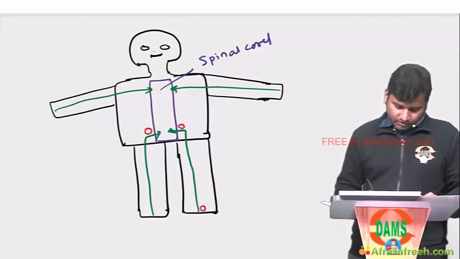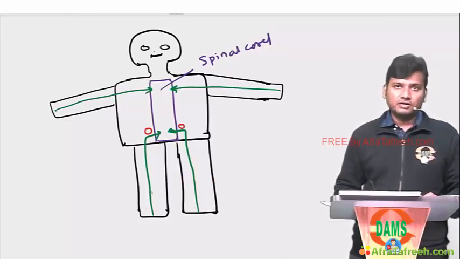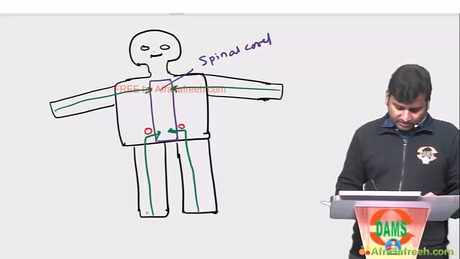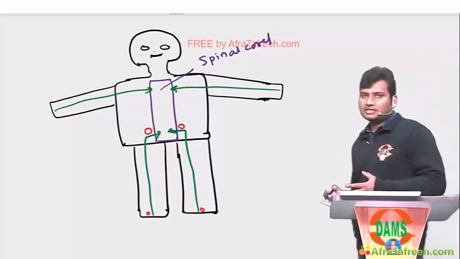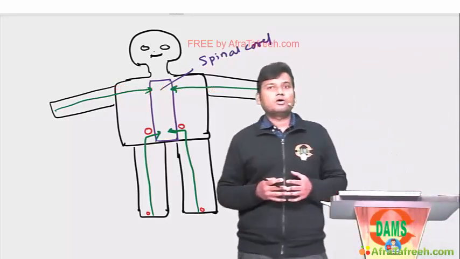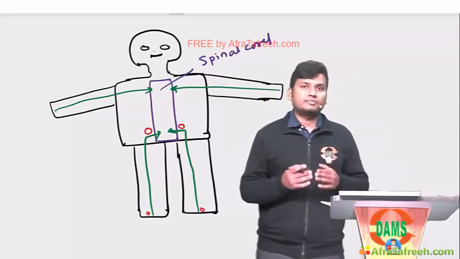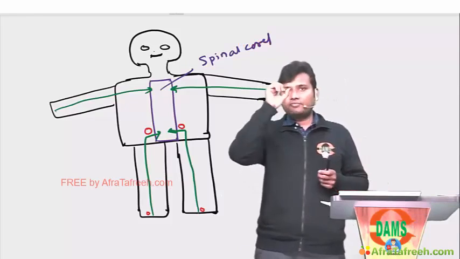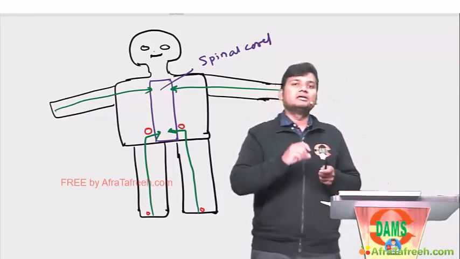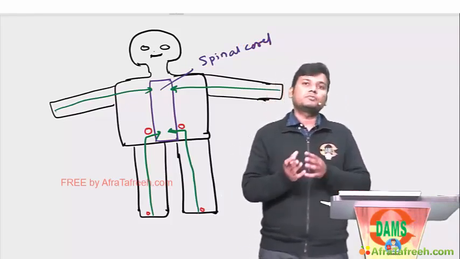You can easily understand that the blood vessel supplying the distal part of the nerve has a very small diameter as compared to the proximal part.